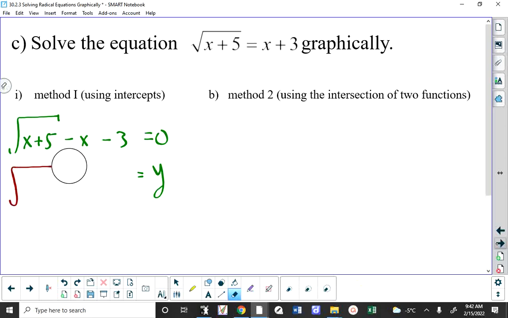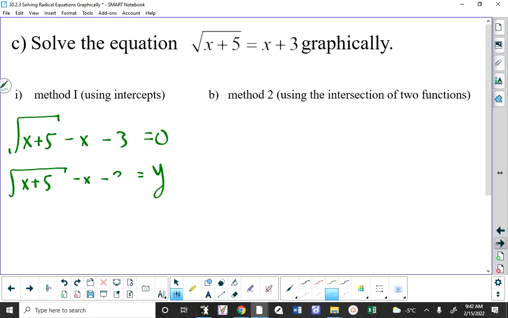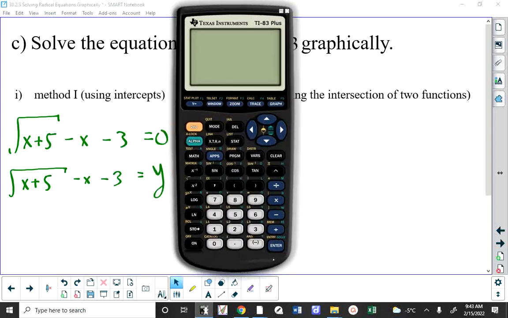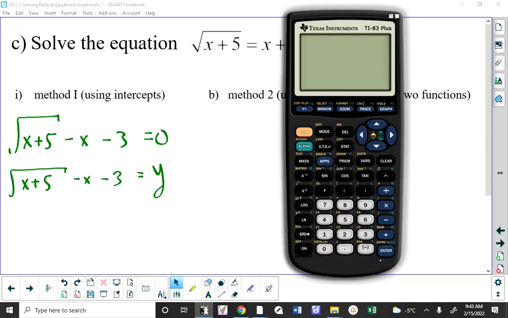So we can equate 0 with y and get y equals the square root of x plus 5, then minus x minus 3, and find the x-intercepts of that function. Which is bullet 3 in the objectives. Okay, so the square root of x plus 5, and then we have minus x minus 3.